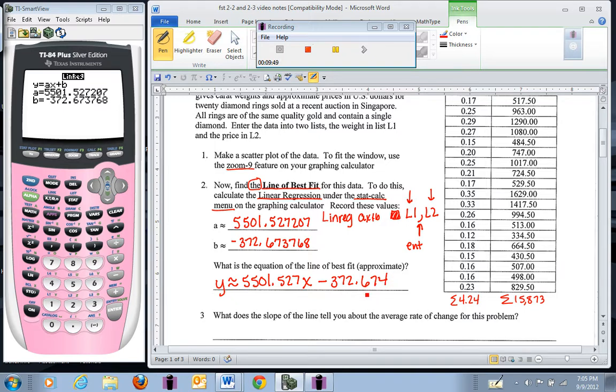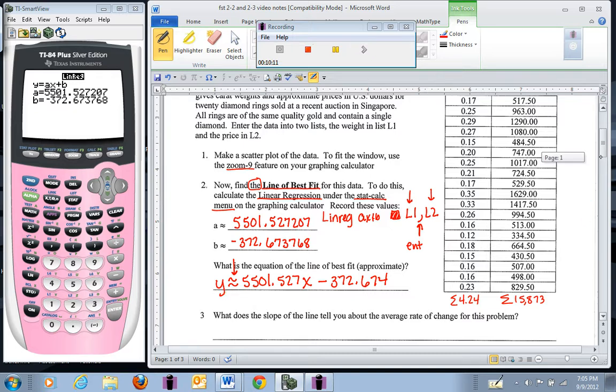Okay? You can pretty much round to whatever you want on that, because you're going to put the approximation symbol, and whenever we write those down, we'll just be writing them down as a point of reference. We're not really going to use that equation for very much because we're going to want to put a more exact equation in the calculator and graph a more exact line.